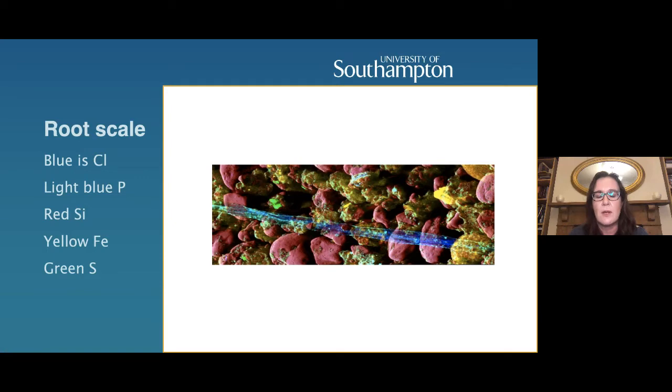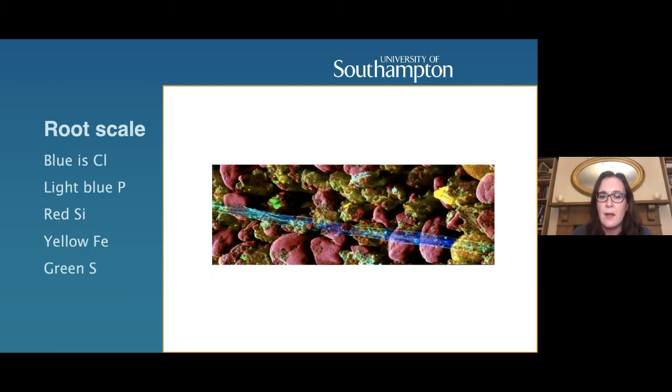And that is sort of live in a sense that it's as close to death as it possibly can. We used X-ray fluorescence elemental mapping to map where phosphorus, silica, iron, and sulfur are. And the sulfur, the green bits, are thought to be a surrogate marker for the microbes in the soil.